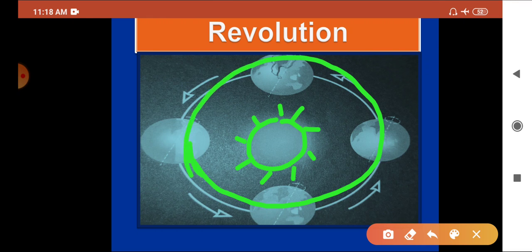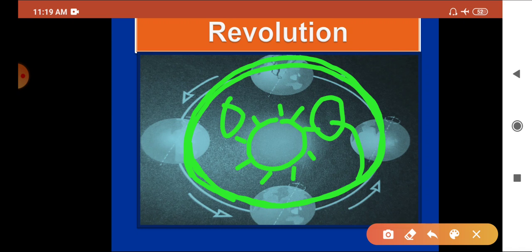So this complete round which is completed by the Earth is called revolution. And this revolution of the Earth is in a fixed path or orbit, means the Earth can't come at this place or this place, or go to a place in the corner.